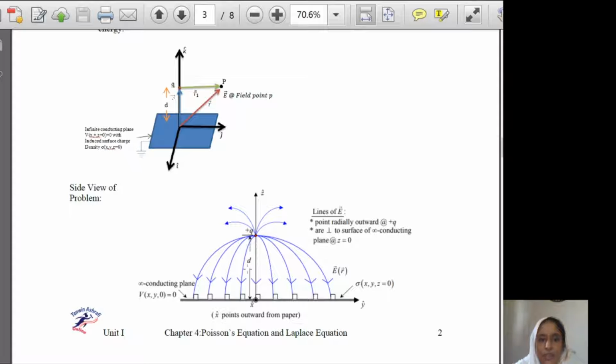What you will find is the field is perpendicular to the surface and your charge Q is over here at the distance d from the surface of the infinite conducting plane. On this we have V of x, y, z equal to 0, since it's the origin point, for z equal to 0, and x, y, z, on the conducting plane, rho, sigma.